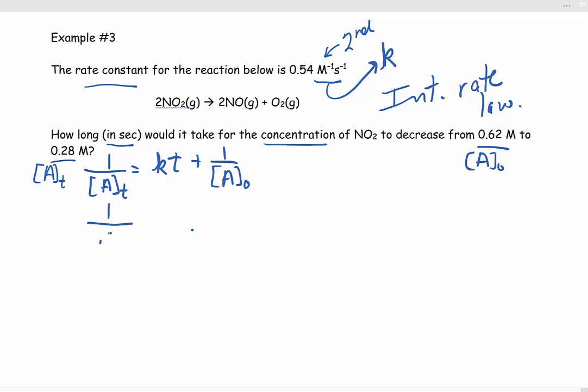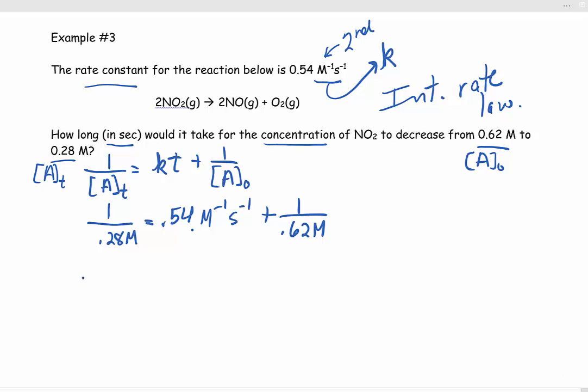1 over 0.28 molar equals K, which is given up here, 0.54 molarity to the -1, seconds to the -1, plus, okay, careful about that, 1 over A naught, and that's 0.62. Okay, and just because the algebra is a little different on this one, I'm going to go ahead and run through it.